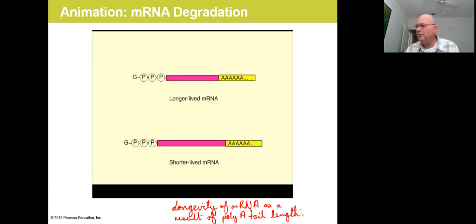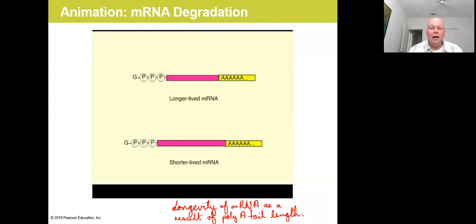So this animation just reinforces how the length of the poly-A tail affects the longevity of the messenger RNA based on what we know about the size of poly-A tails and how that correlates with what we've seen in terms of the longevity of messenger RNAs.